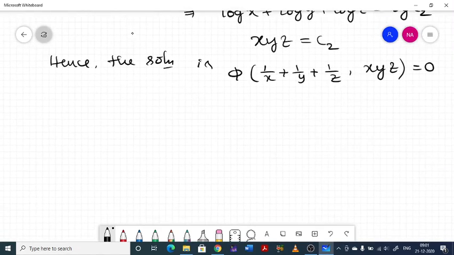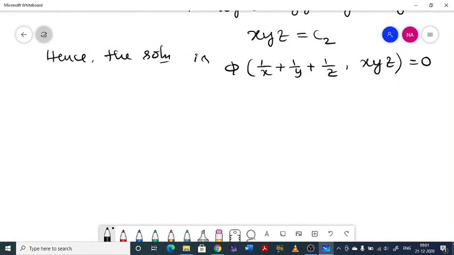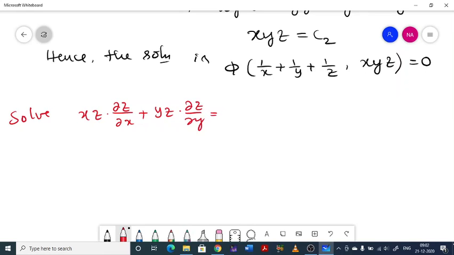So let us take a few examples as exercise. Try to solve this one: xz into dou z by dou x plus yz into dou z by dou y equal to xy. Keep in mind that P stands for dou z by dou x, Q stands for dou z by dou y.